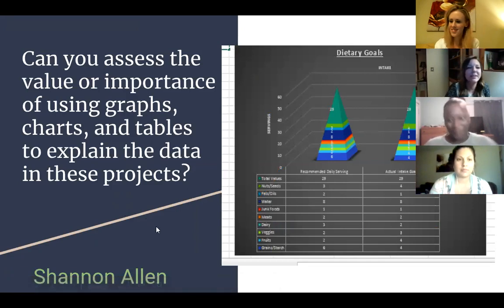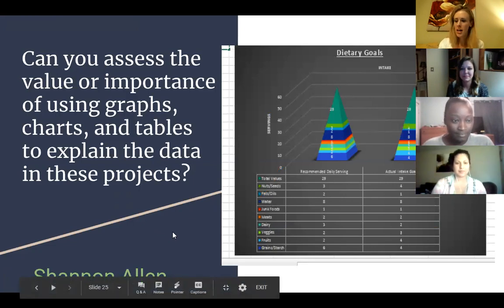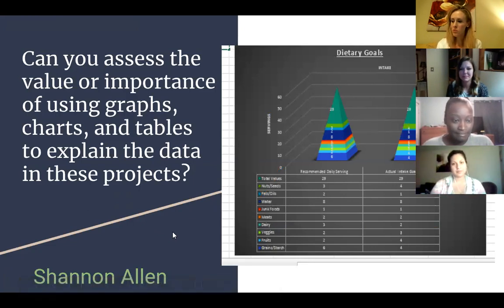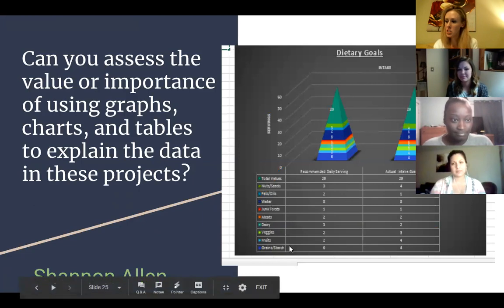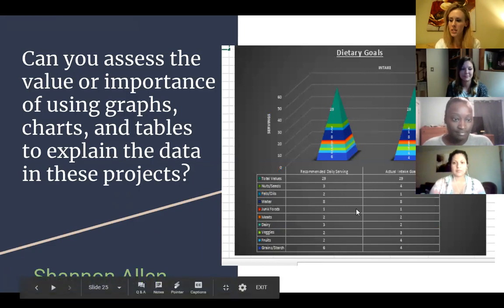Shannon, can you assess the value or importance of using graphs, charts, and tables to explain the data in these projects? Absolutely. So graphs, charts, and tables provide visual reference and support the data being presented or interpreted. For example, you can use the tables, formulas to substantiate the statistics or measurements of the data. The pie charts and graphs are extensions of the data, and they are linked to the corresponding tables and offer additional perspective on the material being discussed.